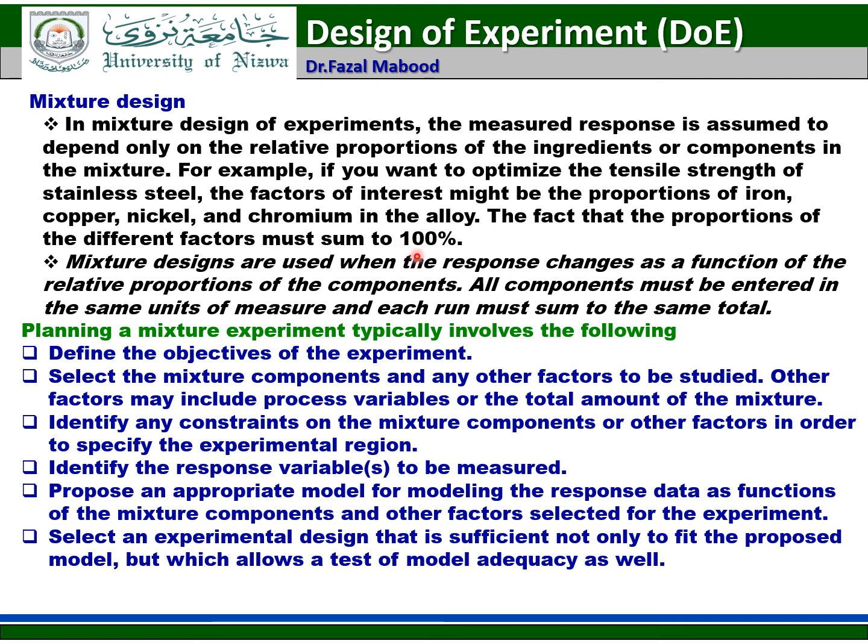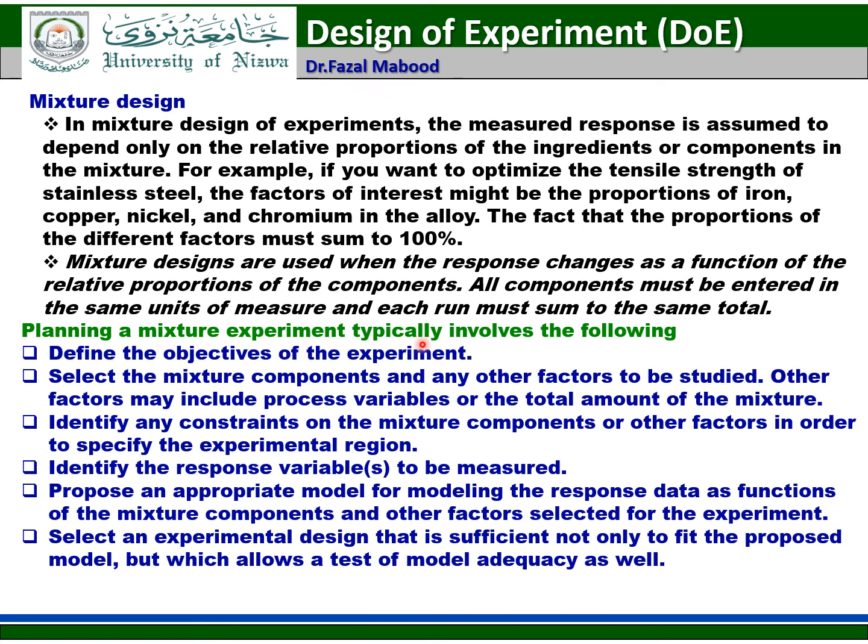The total sum of the proportions should be equal to 100. So mixture designs are used when the response changes as a function of the relative proportion of the components. All components must be entered in the same unit of measure and each run must sum to the same total. So here the total we keep constant.